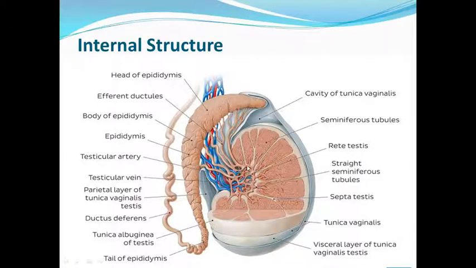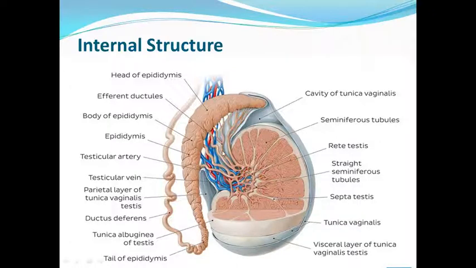This rete testis in turn gives rise to around 12 to 15, or 12 to 30, or 15 to 30 efferent ductules. Different authors have different numbers. You can memorize 15 to 30 efferent ductules which originate from this rete testis, and each tubule becomes highly coiled.